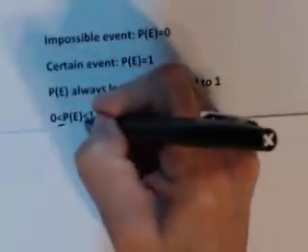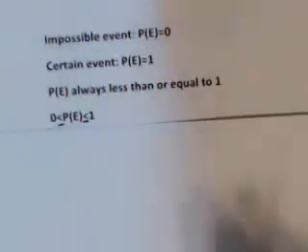If you are sure that it will happen, then the probability is 1. So we're going to write a statement that says the probability of an event will be 0 to 1 always.